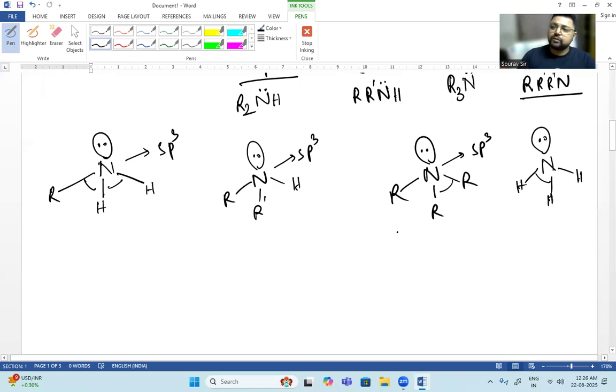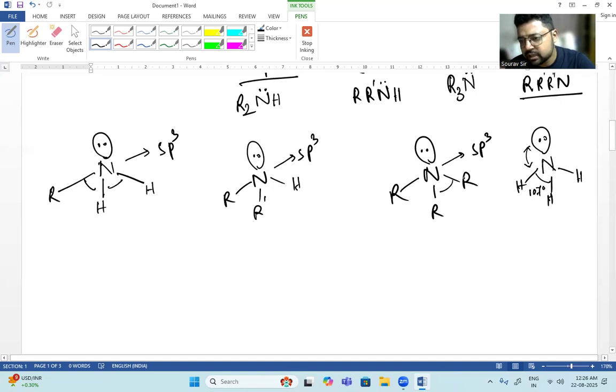What will happen to the bond angles? Here we all know that between nitrogen and hydrogen, nitrogen is more electronegative. So here the bond pair, lone pair repulsion will be higher and the bond angle will be lower, like here it will be 107 degrees.